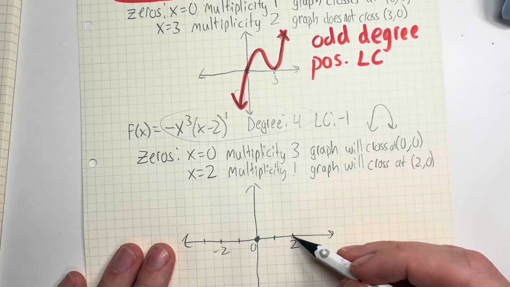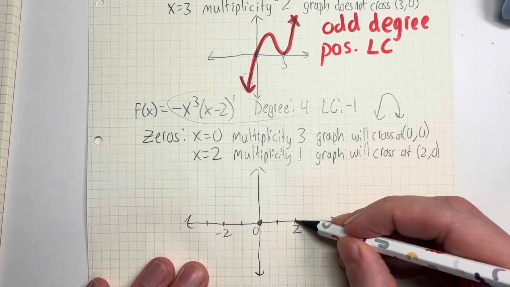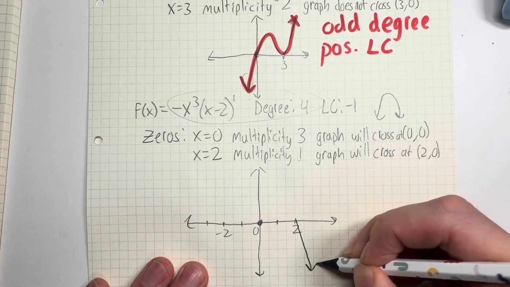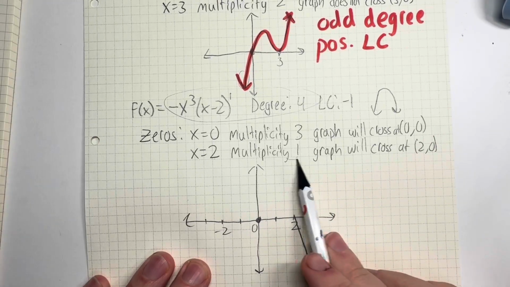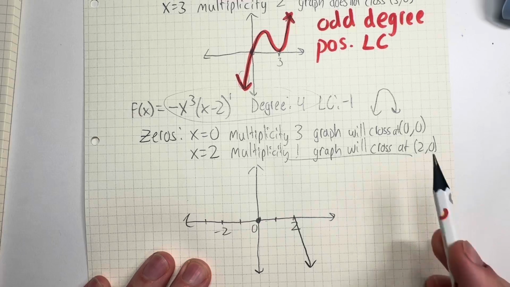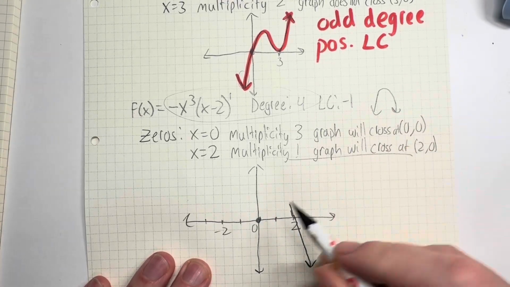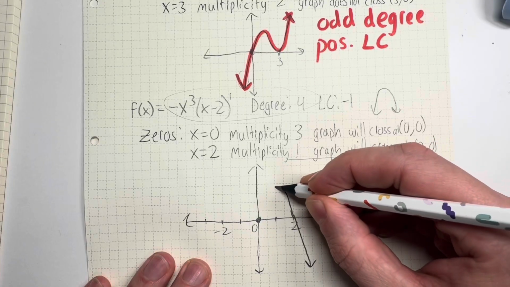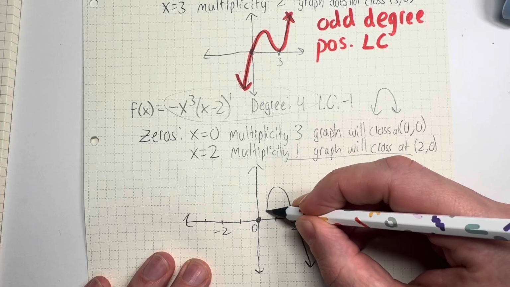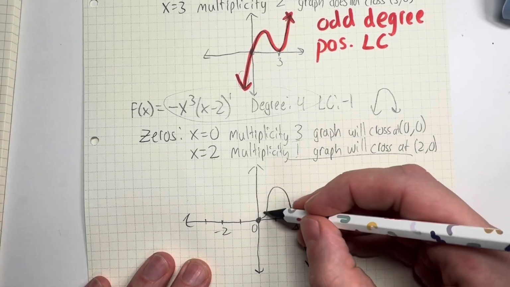So that means that to the right of this 0, it's going to go down and to the right, going to negative infinity. It's going to cross the x-axis at 2, 0. So it goes up, and it's going to cross back down at 0. But since there's this multiplicity 3, it's not going to go straight through.